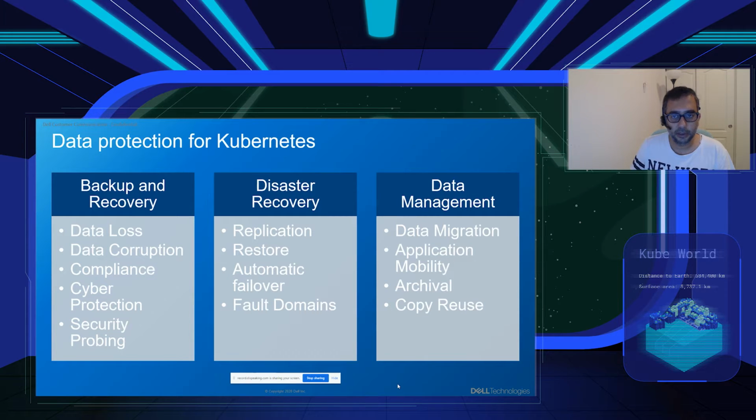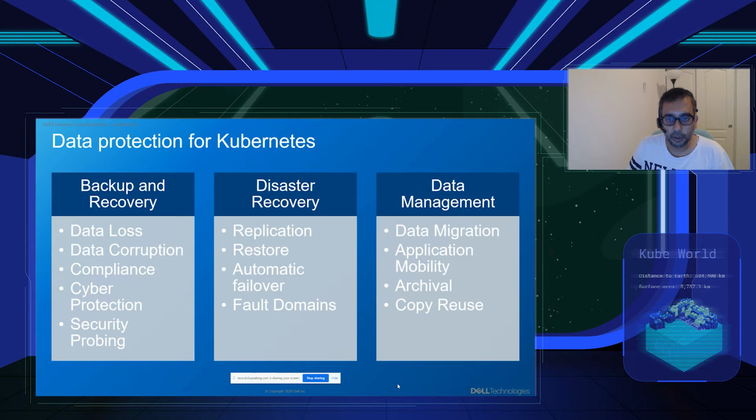And the second pillar that the data protection solution needs to address is disaster recovery. So this is a larger failure. For example, there can be a hardware failure, a site-wide failure, flooding, an electrical outage, you can have all kinds of major events, or even minor events, like hardware failure, which is pretty common.